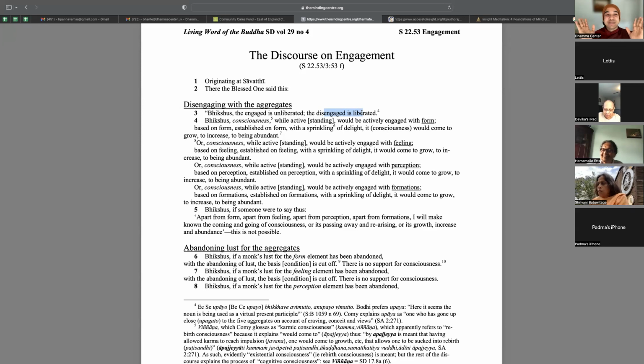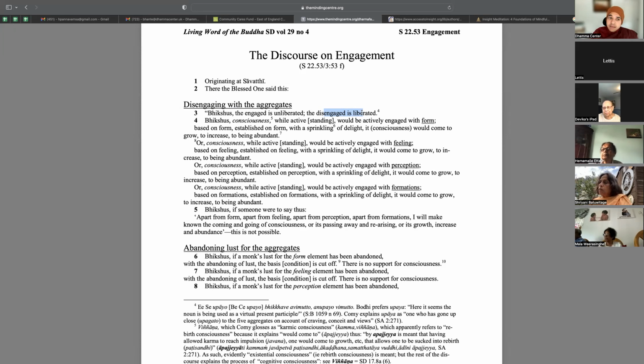If we break apart that sentence, it is so deep. Now, what is engaged? We are speaking about the aggregates. Let's take Vedana, because we understand Vedana to a fairly good extent.